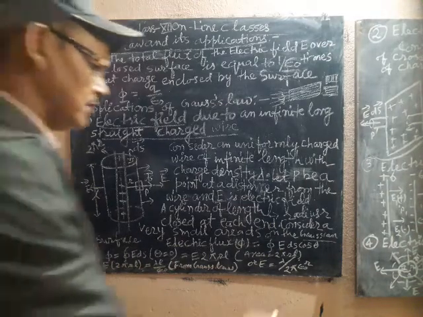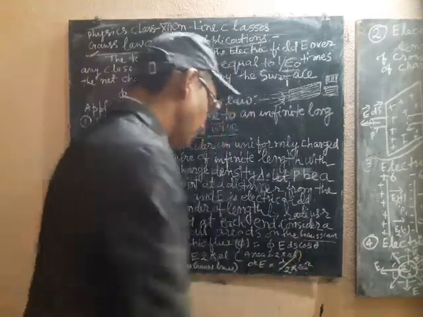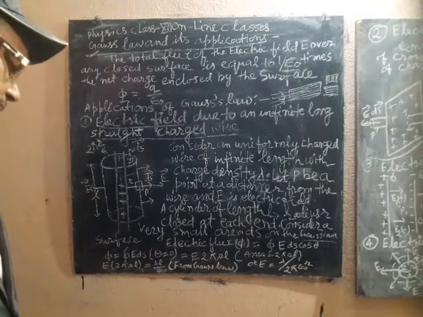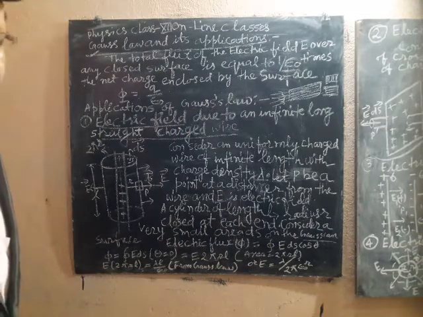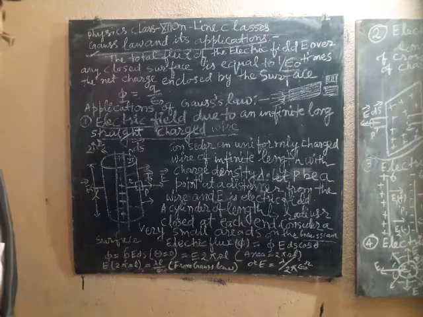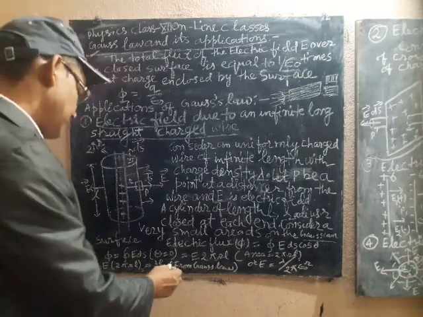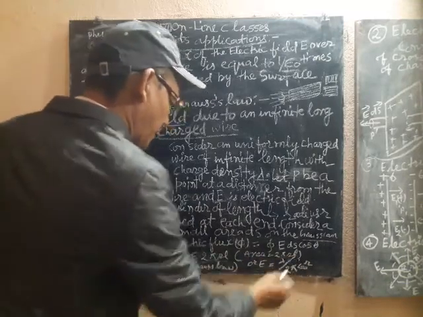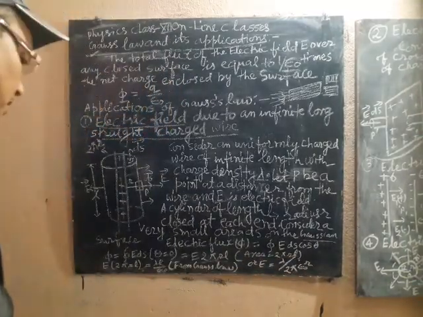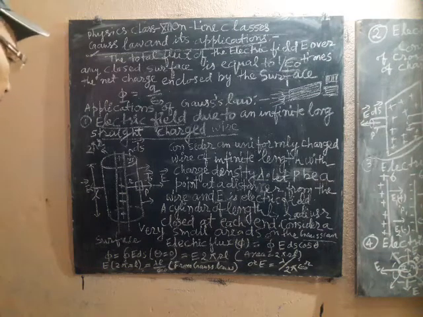When theta is equal to 0, cos 0 is equal to 1. And the area is 2 pi r L. Here length is L and circumference is 2 pi r.